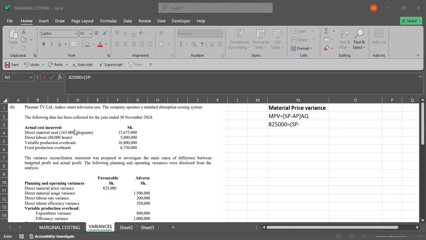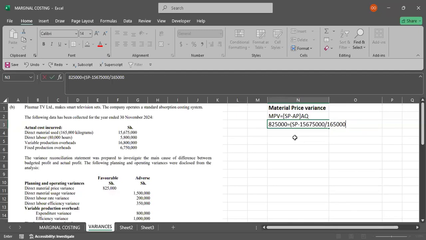Our actual price will be total cost divided by total quantity used. So that will be 15,675,000 divided by 165,000. That will give us what we call actual price.